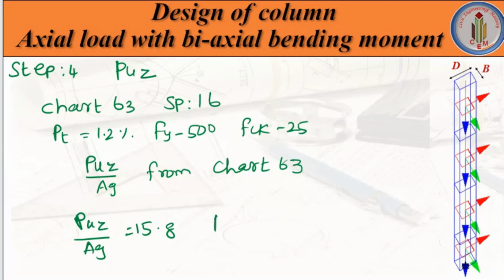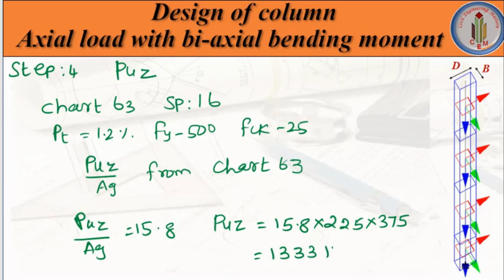Now we have to calculate PUZ, which is equal to 15.8 multiplied by AG, the area of cross section, 225 multiplied by 375, which is equal to 1333 kilonewton. So now we know the PUZ value.